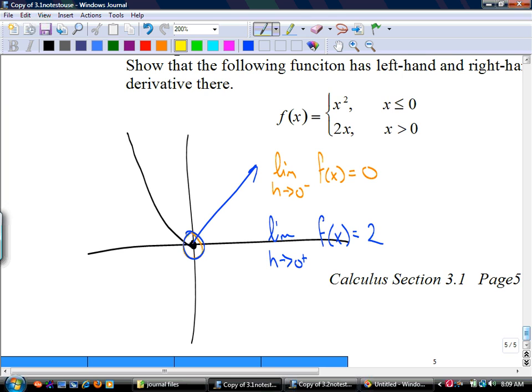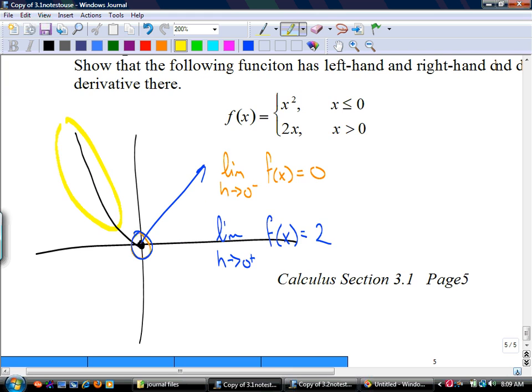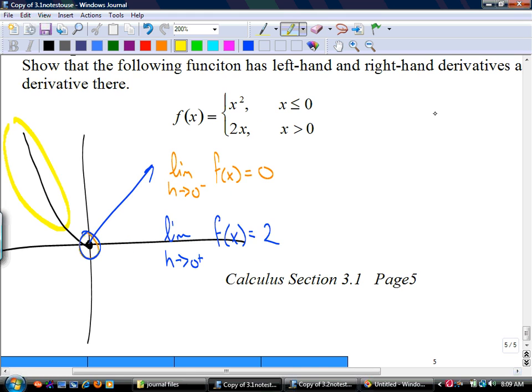If I draw the derivative graph over top, which I probably should do, the slope is large negative, and then it's flat. Large negative, and then no slope. And tell me about the slope of the right-hand part of the graph. It's 2.